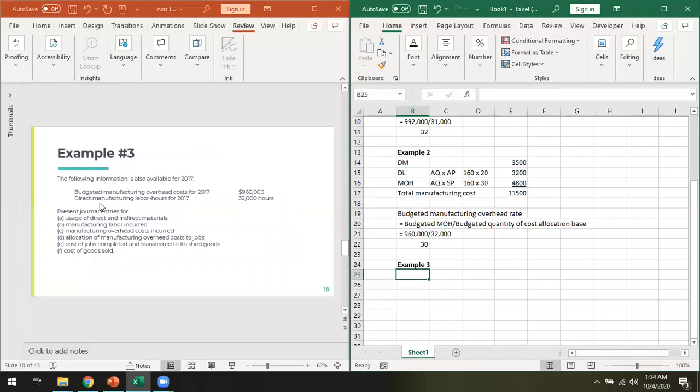We also have this information about budgeted manufacturing overhead costs and the direct manufacturing labor hour for 2017. So we have to present journal entries for usage of direct and indirect materials. Okay, so A, usage of direct and indirect materials.